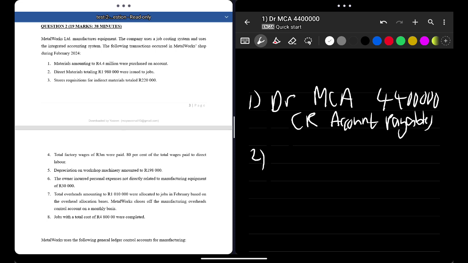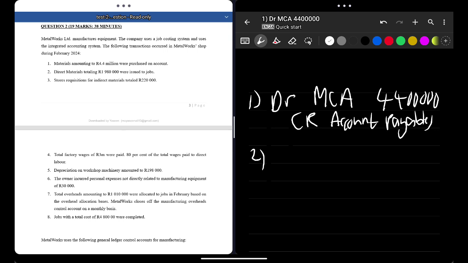Second journal entry, direct materials were issued to jobs. Now, your direct materials account, your materials control account, right? It needs to go into somewhere. If you're issuing a direct material, it's going to go into work in progress. If you're going to issue an indirect material, it's going to go into factory overheads. So you're either going to debit either of the two, depends if it's direct or indirect. You need to ask yourself a question here.